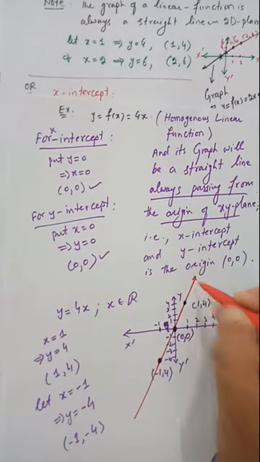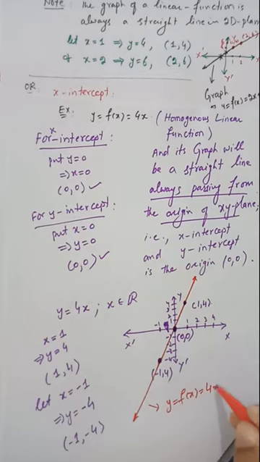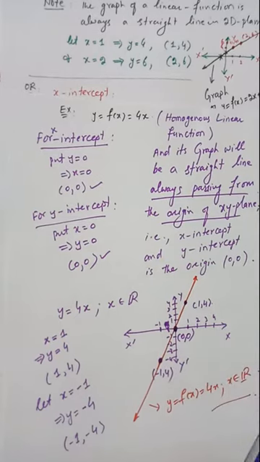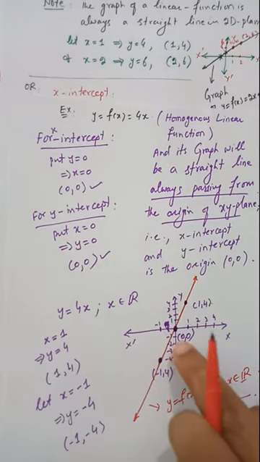So you see, this is the graph of y is equal to f of x is equal to 4x, where x belongs to R. So you see that this is a straight line always passing through the origin. Remember this point.